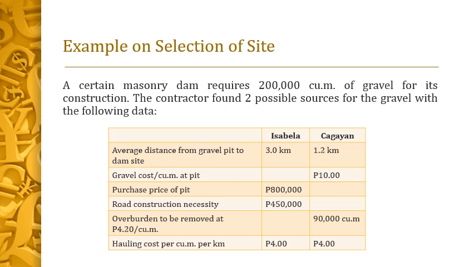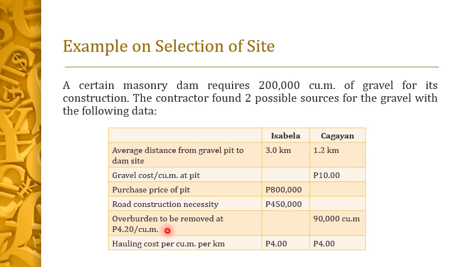The average distance from gravel pit to dam site for Isabela is 3 kilometers. For Cagayan, 1.2 kilometers. The gravel cost per cubic meter at pit for Cagayan is 10 pesos. The purchase price of pit for Isabela is 800,000 pesos. The road construction necessary for Isabela is 450,000 pesos.